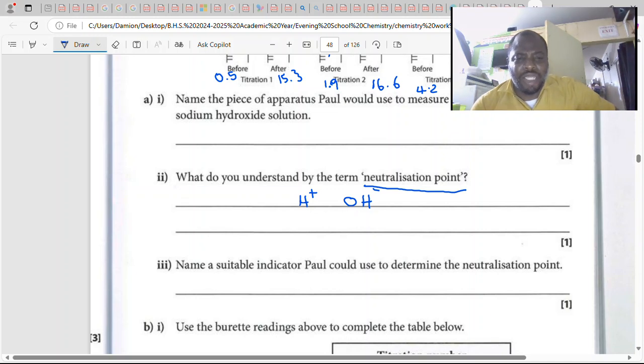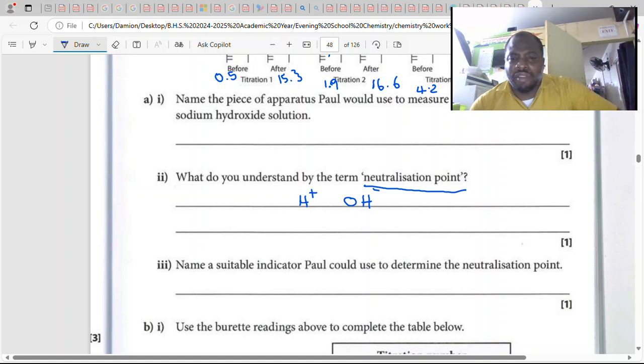Name a suitable indicator Paul could use to determine the neutralization point. Some of the indicators that we use include, of course, the popular phenolphthalein. Methyl orange is another indicator. Screened methyl orange can also be utilized.